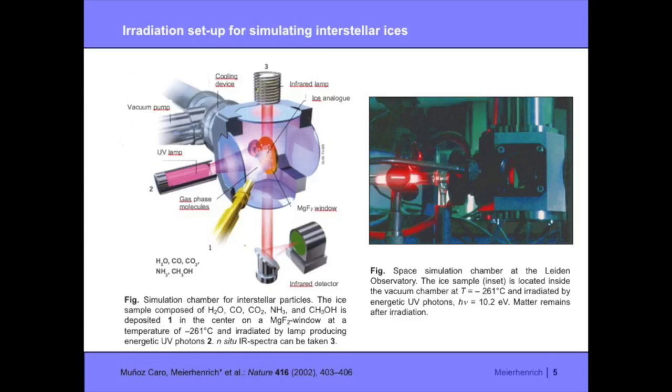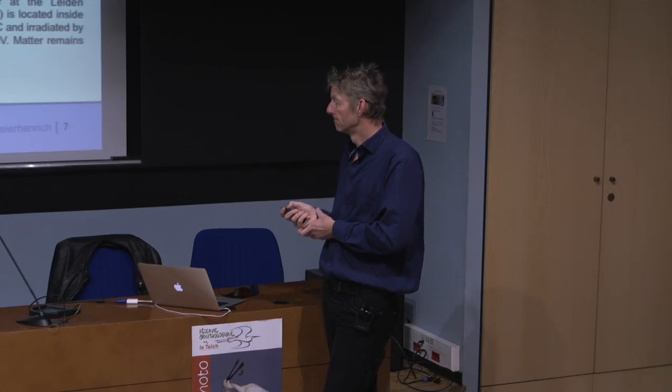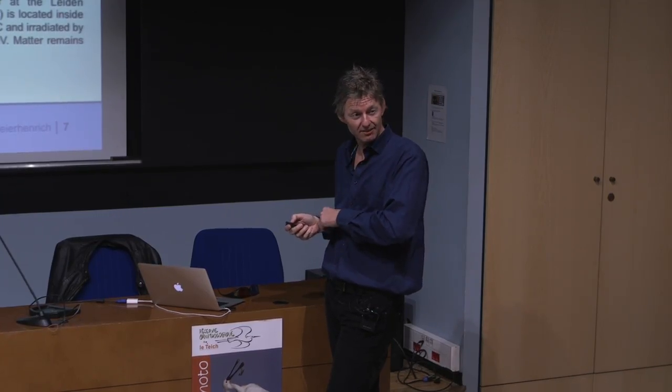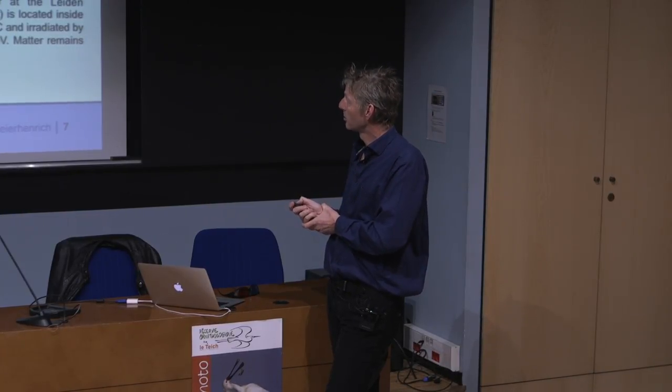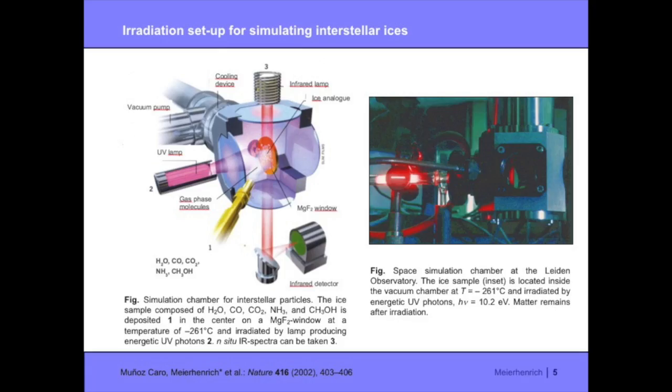We condense those molecules on the surface in a high vacuum. The surface is cooled down in this experiment to minus 261 degrees Celsius. So this is 12 Kelvin. Colder than Arcachon. And during condensation, those molecules are irradiated with ultraviolet light. This ultraviolet light we know.